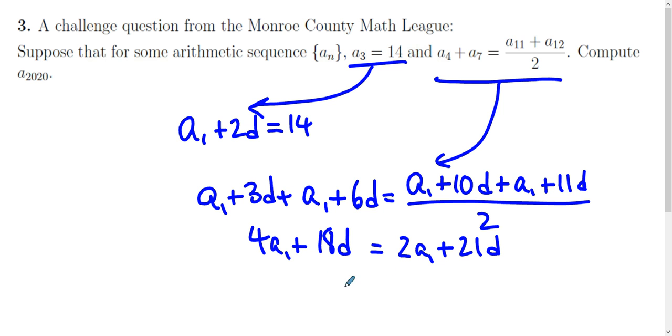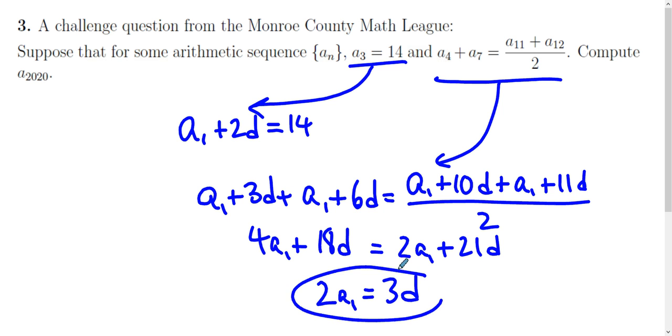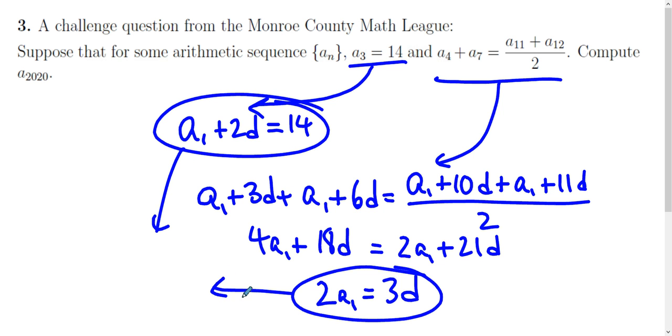This means kick this over. 2a1 is kick that over, 3d. Now take this and that and put them together. So if 2a1 is 3d, 1a1 is 3 halves d.